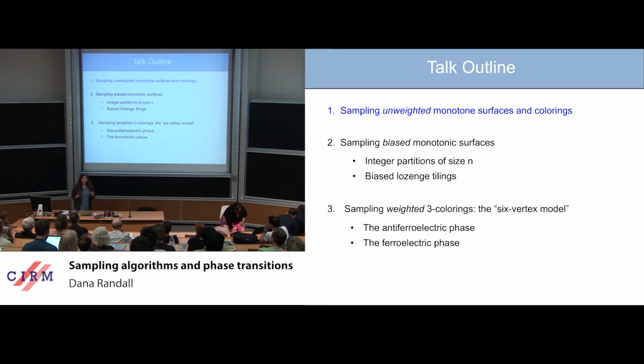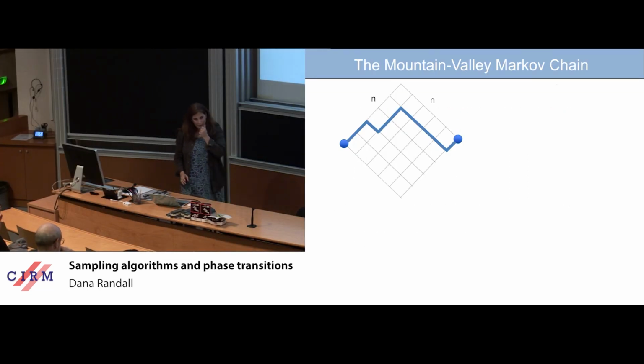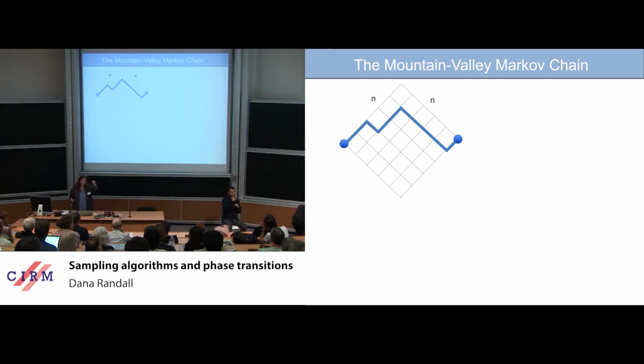Okay, so starting with the unweighted case, as a warm-up, I have a lattice path, and I'm going to look for a way to sample from the 2n choose n possible lattice paths that start at one corner and end at the other corner of an n by n region. Yeah? Okay.